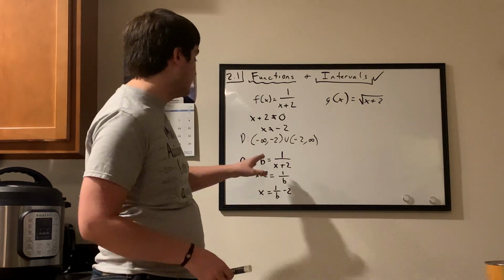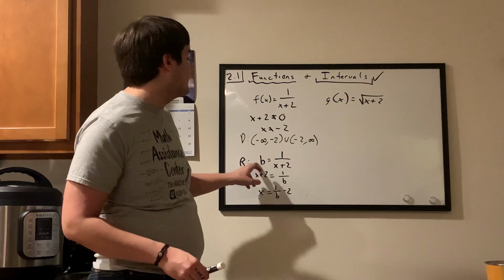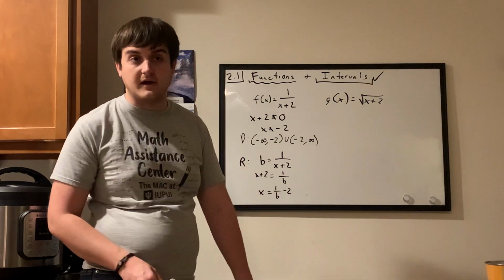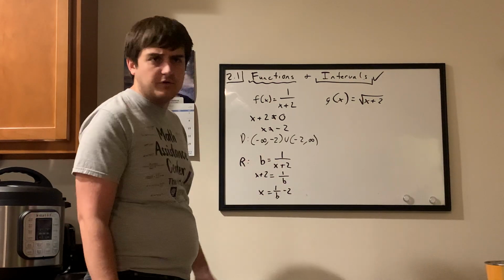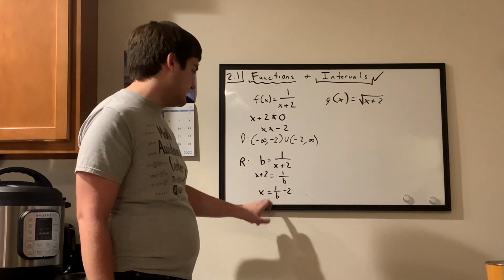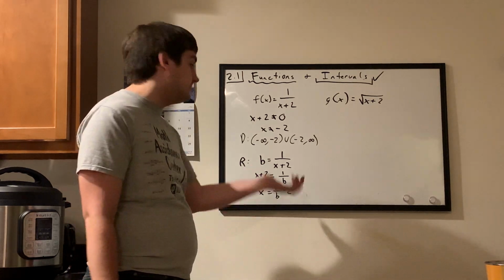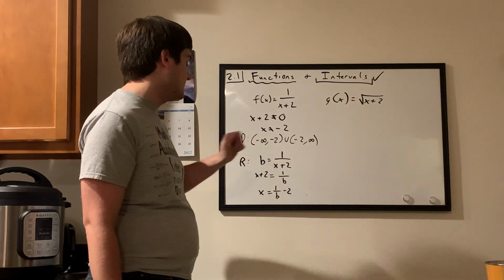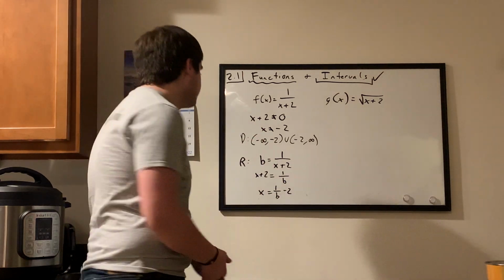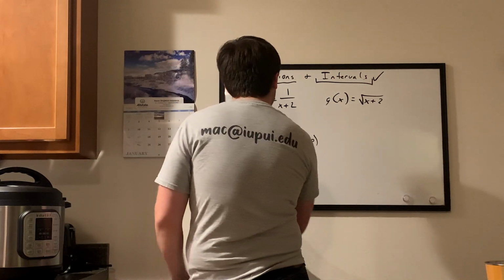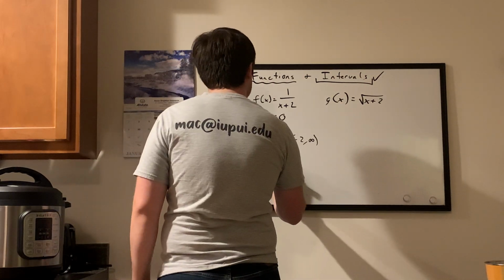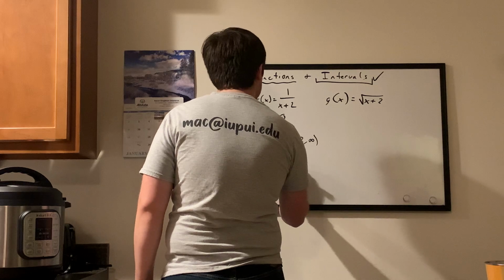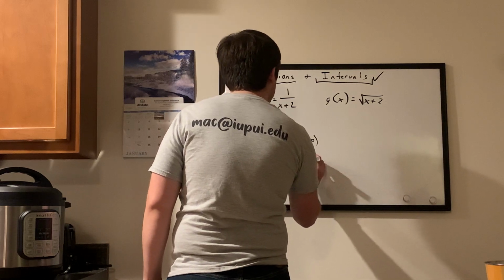So if I want to get a certain b value for y, I want to put in this value for x. But the same situation holds. b still can't be 0, but b could be anything else it wants to be. So, just similar to before, I'm going to have negative infinity to 0, union with 0 to infinity.